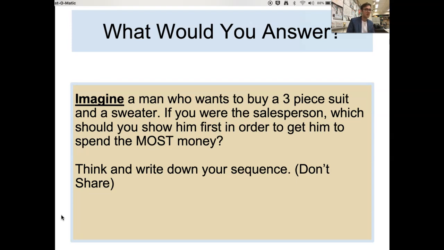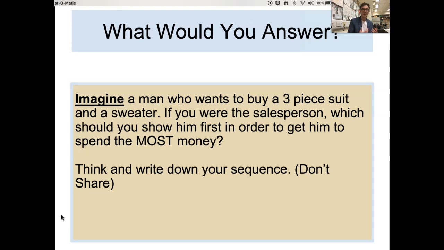A suit can cost you easily $800 or $900, I'm talking U.S. dollars. And if I can get you to spend $900, I could probably get you to buy the $80 sweater versus the $30 sweater, because you've just spent a ton of money.